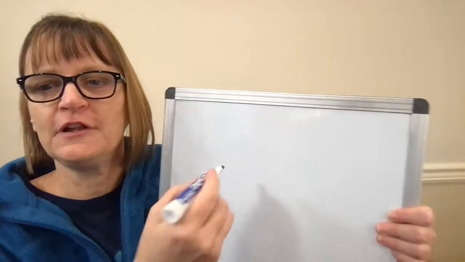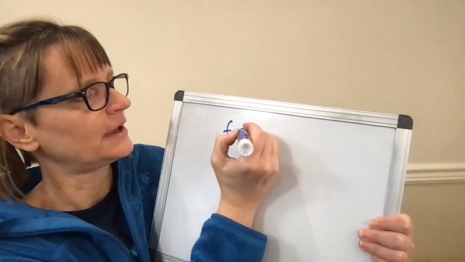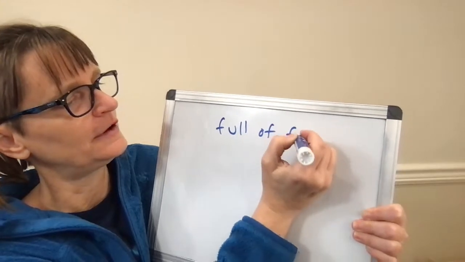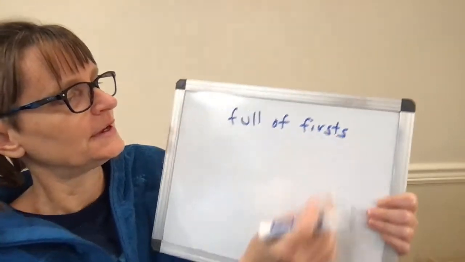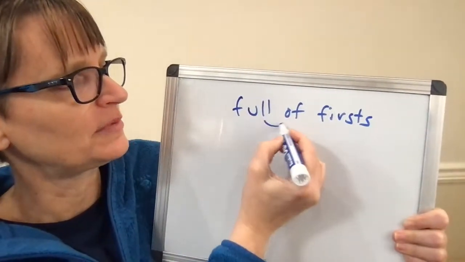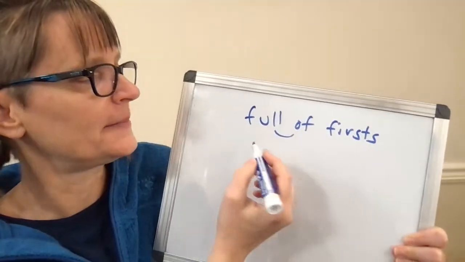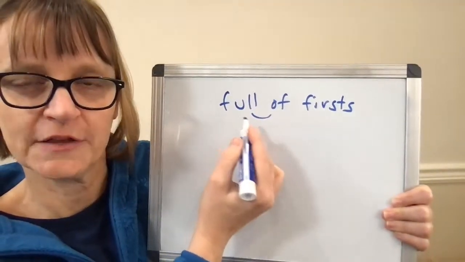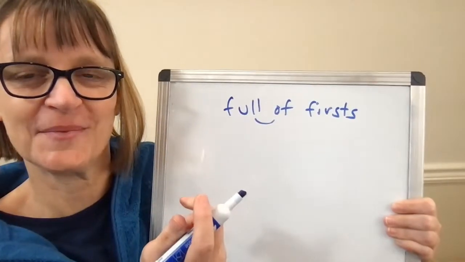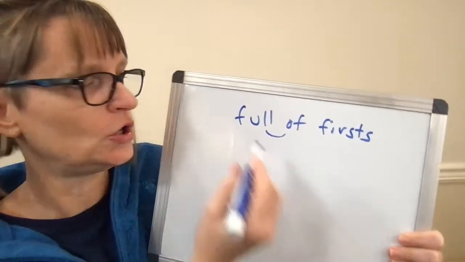Okay, great. We have a question about the phrase full of firsts. Okay, so full of firsts. First of all, we would probably link full and of. This vowel in full is what Orlando was talking about in good and would. It's our vowel.